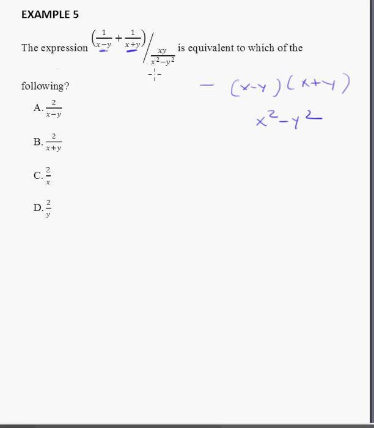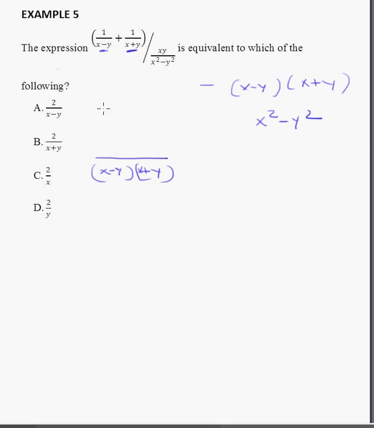So when you simplify this, you notice this and this are probably going to cancel out. But let's do them one stage at a time. So I'm going to do the top one first, and I'll do the second one and come back to it. For the top one, I'll take the LCM, which is going to be x minus y, x plus y.